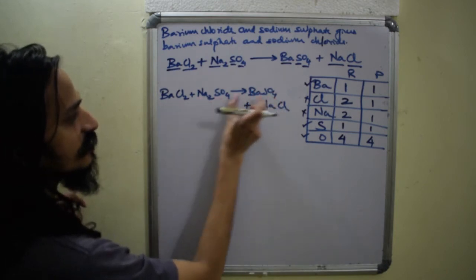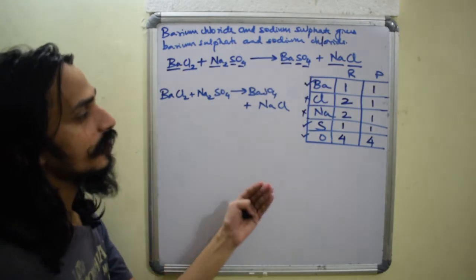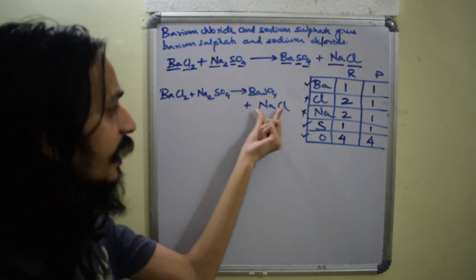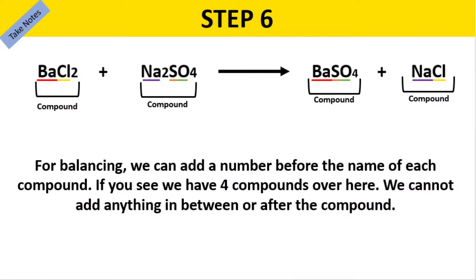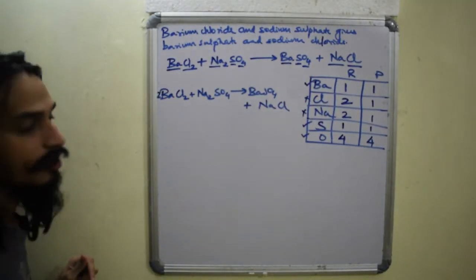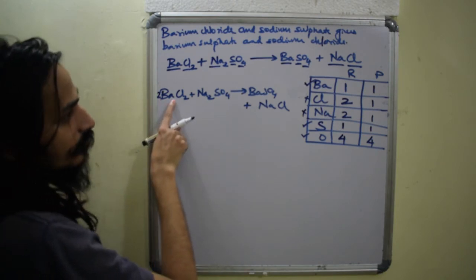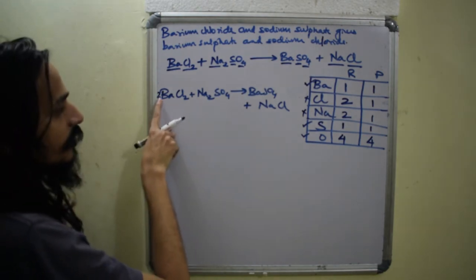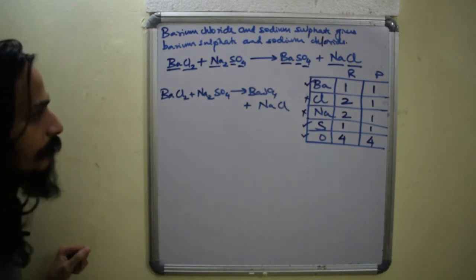Each of these is a separate compound. In front of them, if I put a number, it means I am multiplying everything in that compound with that number. For example, if I put 2 BaCl2, it means there are now 2 into 1, which is 2 bariums, and 2 into 2, which is 4 chlorine, just as an example.